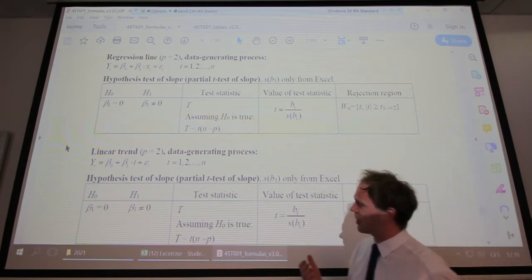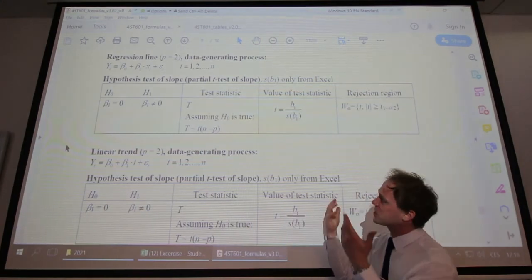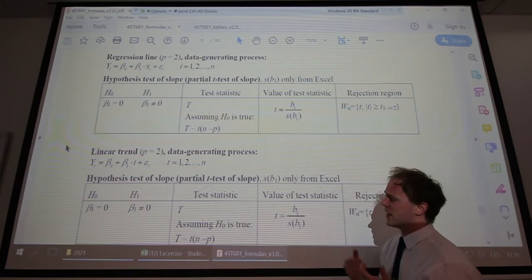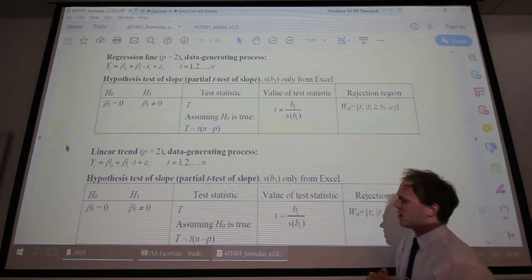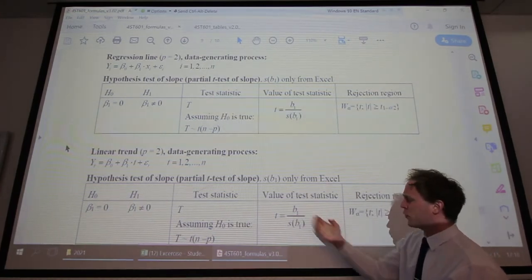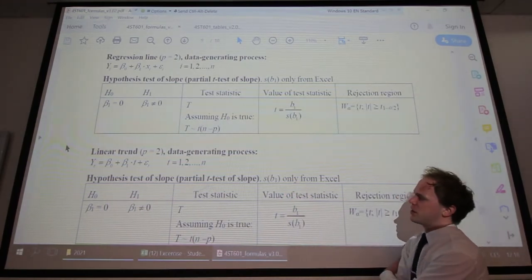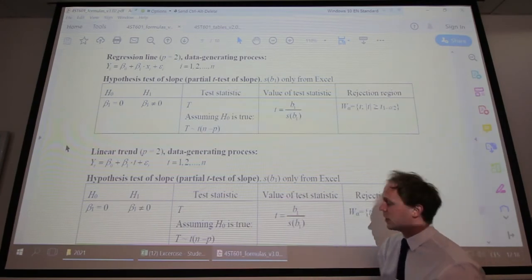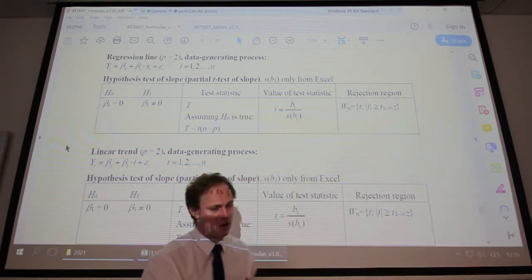We are using a test statistic with t-distribution, the student t-test. Partial t-test of slope, so the student t-test. The t-test is calculated very easily, like a ratio of the coefficient and the standard error. There you have written that standard errors of estimate are calculated in software, not only in Excel, in any other software in the world.